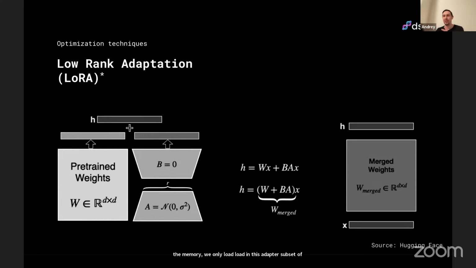Once the fine-tuning is finished, we merge these adapter weights with the rest of the model. This works because we select only a subset of parameters of the model, and quite often, in order to train or fine-tune a model for a very specific task, you don't have to train the entire model. You don't have to use all of the parameters. Sometimes it is just enough to use a subset of these parameters, and that's why LoRa works. And this allows us to significantly drop the requirements for the memory.